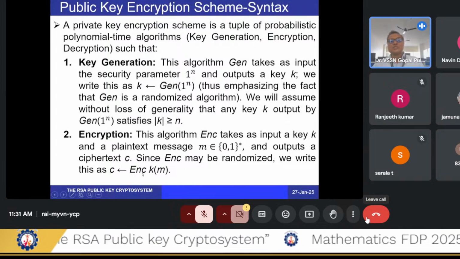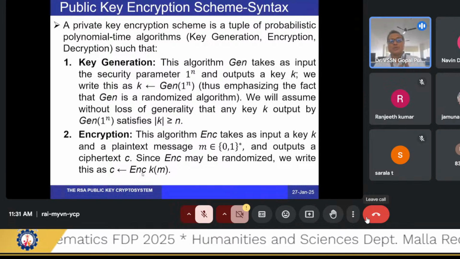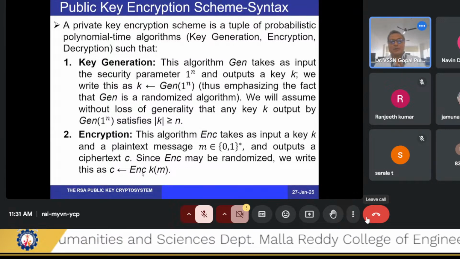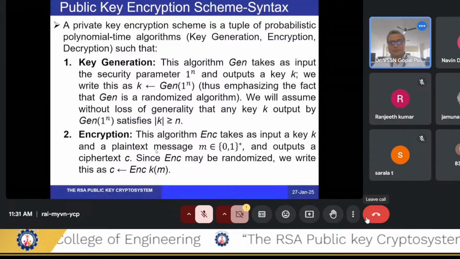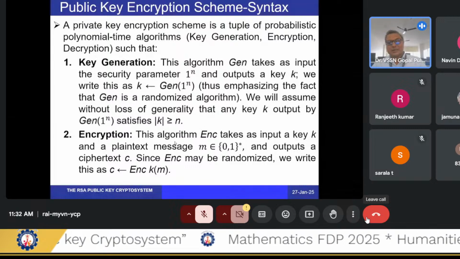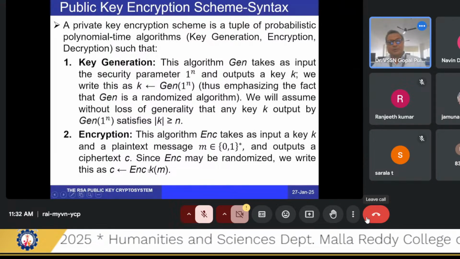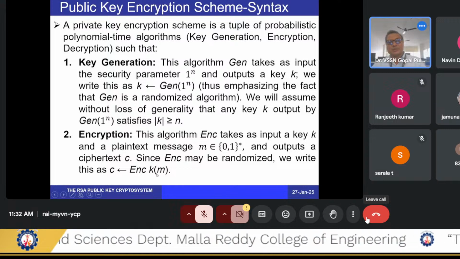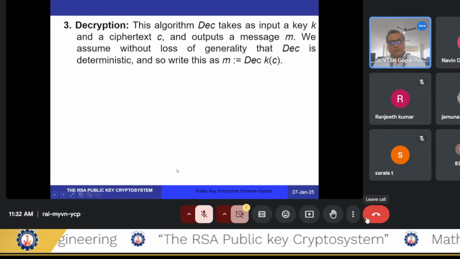So how is the encryption carried out? Encryption is carried out by using the key, the private key of the sender, on the message m, resulting in the ciphertext. Let us move on.